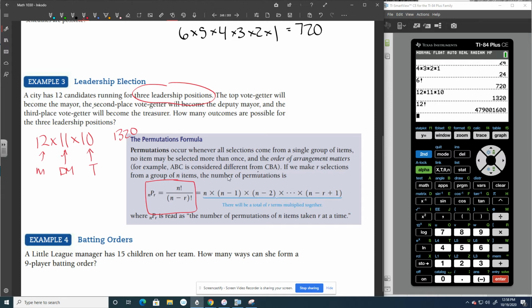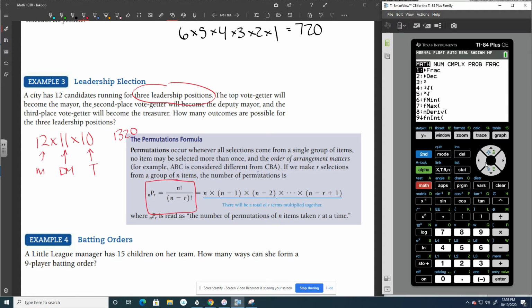This is called a permutation. n represents the total number of people we're choosing from. r represents how many that we're choosing. And in this case, you would do 12 factorial, but then you would have to divide it by the 12 minus the number that we're choosing, factorial. So this would have to go on the bottom.